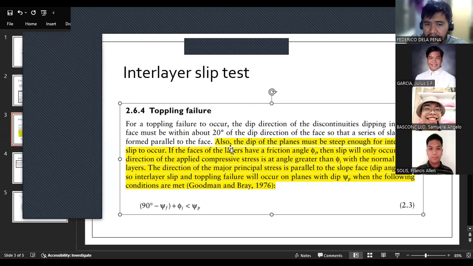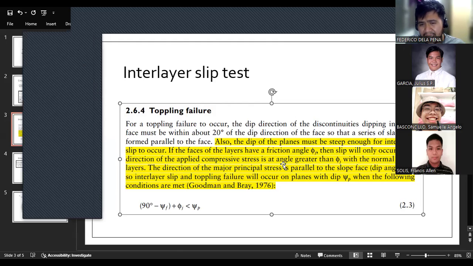As per this text, the dip of the plates must be steep enough for interlayer slip to occur. If the faces of the layers have a friction angle theta j, then the slip will only occur if the direction of the applied compressive stresses is at an angle greater than theta j with the normal to the layers.